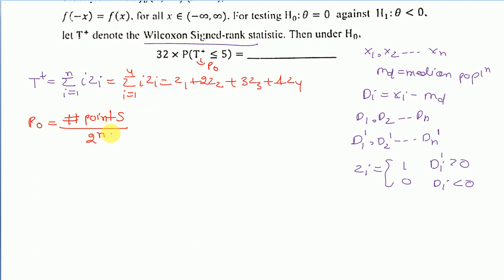What is this n? This n is equal to 4, the number of sample observations. We obtained 9 points in the last table, and 2 raised to power 4 is 16.